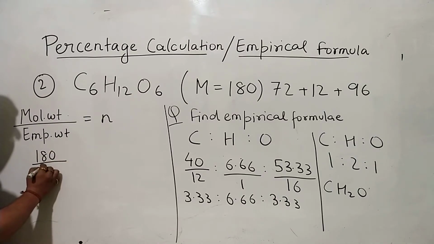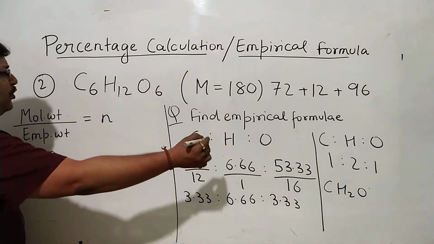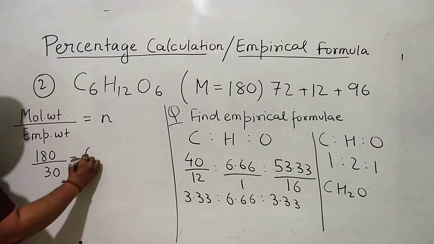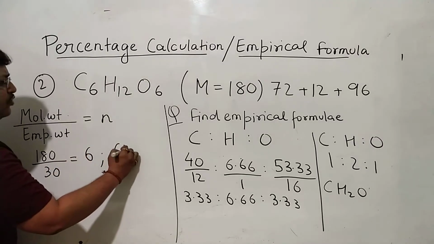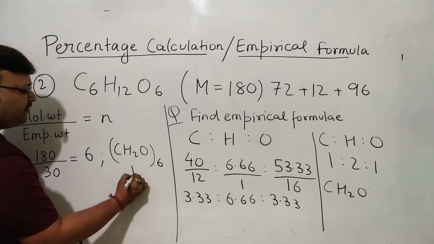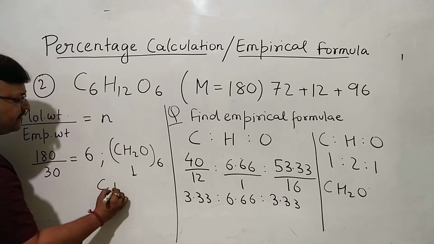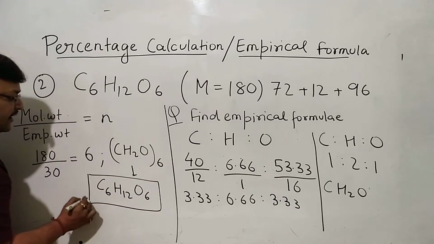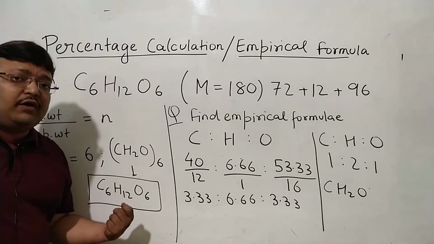So 180 out of the weight of the formula unit CH2O, which is 30, would give me n to be 6, and I would know I need to multiply CH2O 6 times to get the formula C6H12O6. So this is how I can even arrive at the real molecular formula.